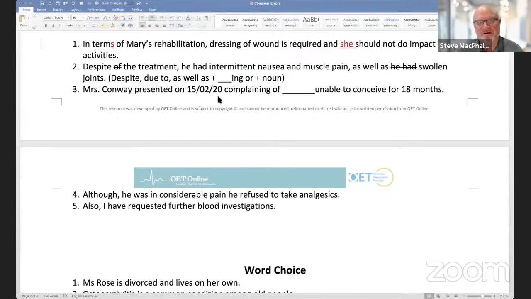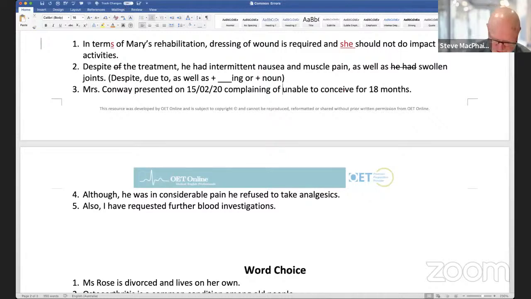So you complain of something. So it has to be a noun or a gerund. The tricky one. Ooh, 76 got it. Yes, well done.